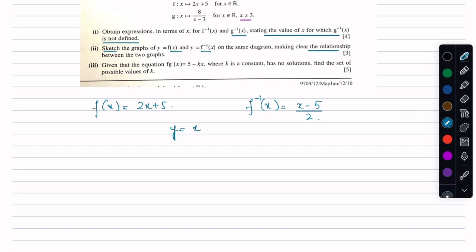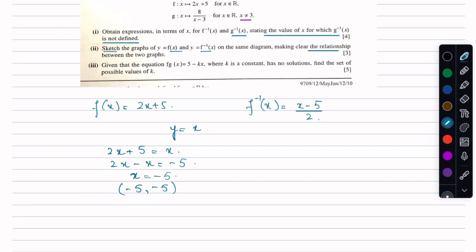To get the relationship, I can equate 2x plus 5 to x, so 2x minus x equals negative 5, or x equals negative 5, meaning the relationship between the two graphs is going to be at negative 5 and negative 5.